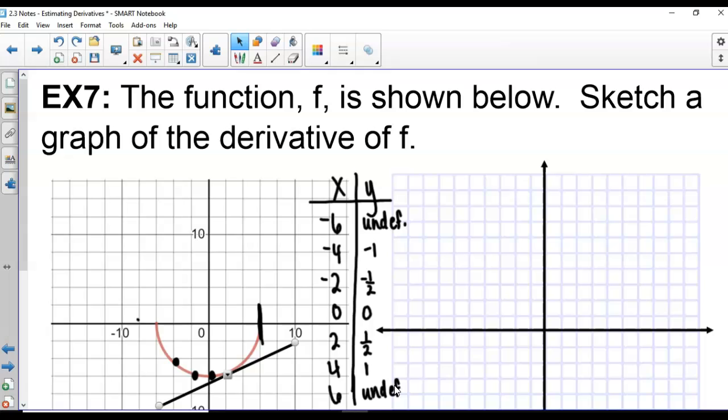So if we want to sketch the derivative of this, thank you, Lily. If we want to sketch the derivative of this, I'm going to make it a little bit bigger so we can see it a little better.